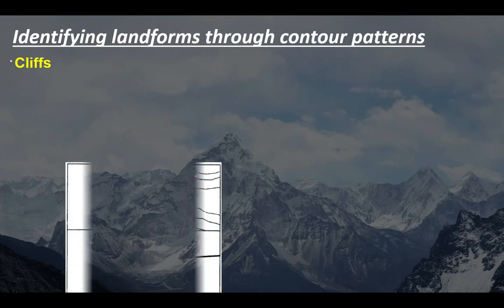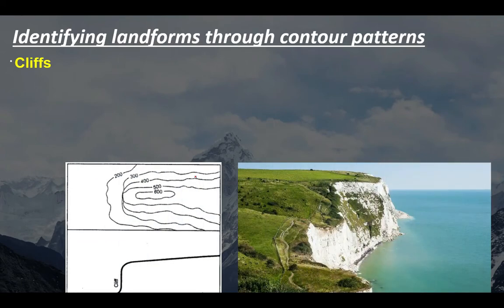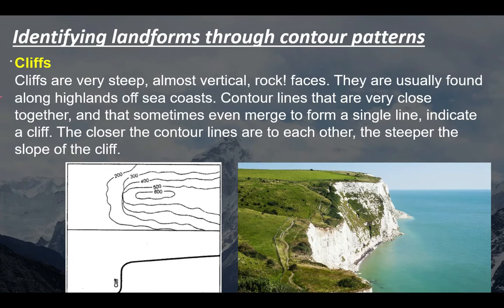Next, cliffs. See this image. Cliffs are very steep, almost vertical rock faces. They are usually found on the highlands of the sea coast. Contour lines that are very close together sometimes even merge to form a single line.